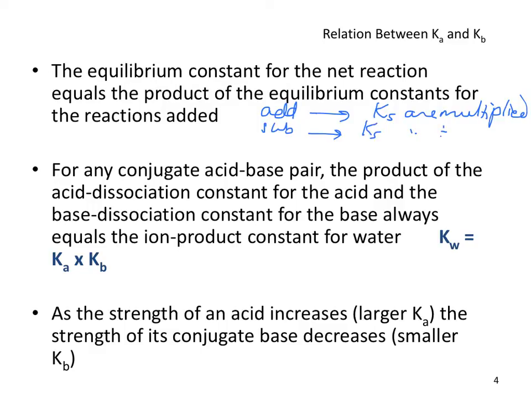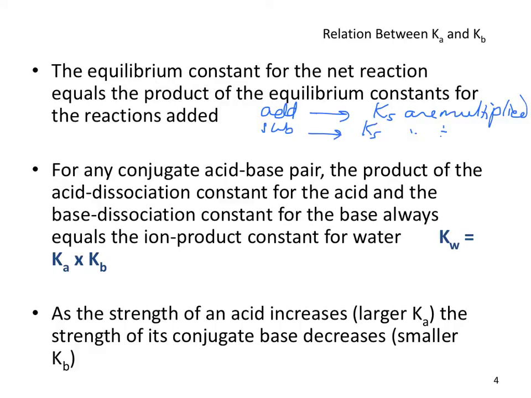So in that sense, it's kind of similar to Hess's law, that you can't just keep the equilibrium constants independent of the reactions. You have to do something about the overall net reaction as well. And so again, Kw is equal to Ka times Kb for any conjugate acid-base pair. And so if you knew the acid dissociation constant, you will be able to come up with the base dissociation constant because Ka times Kb is equal to Kw.